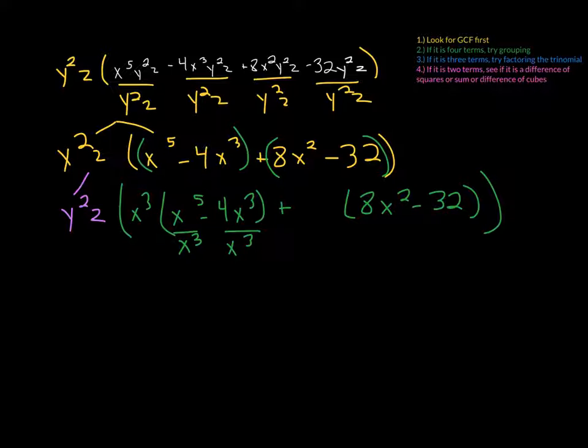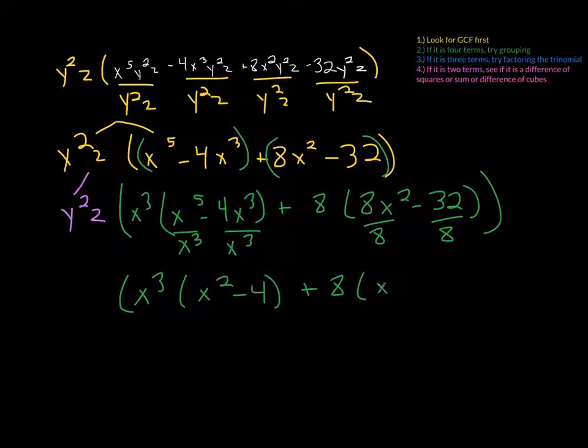And in this next group, we can take out an 8. So that leaves me with x cubed, x squared minus 4 plus 8, x squared minus 4. And of course we still have the y squared z.